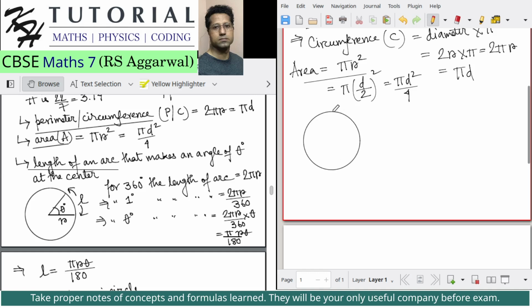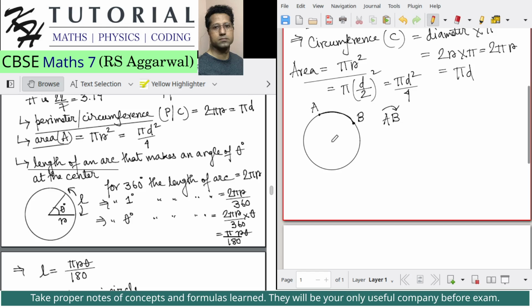An arc is a part of the circumference which has a starting point and an end point. Let's say I am considering an arc AB. This is an arc, and the notation is like this. This means AB is an arc, so it has two endpoints A and B.